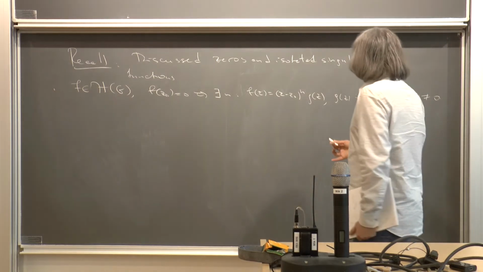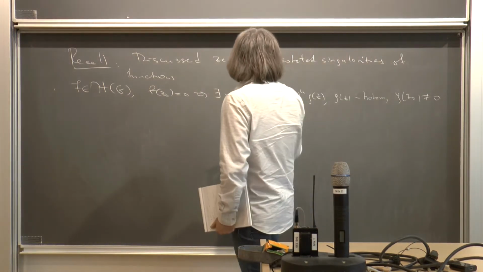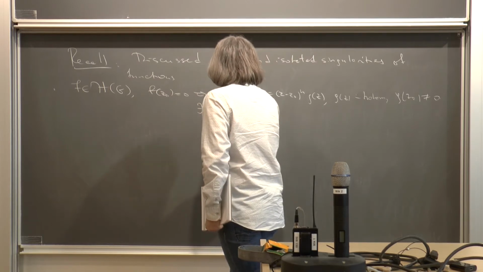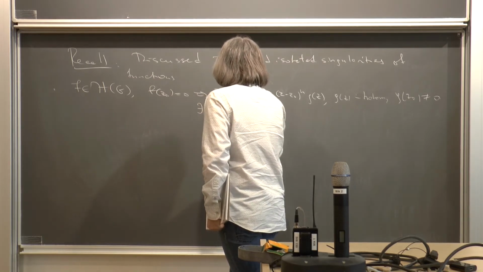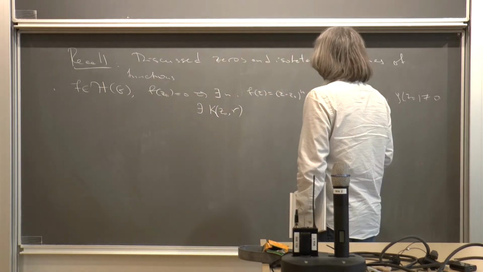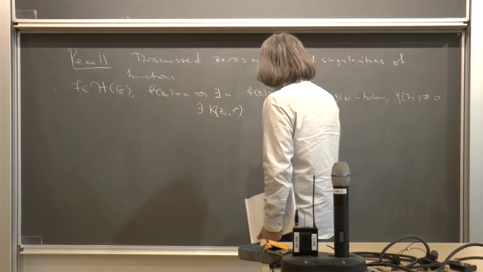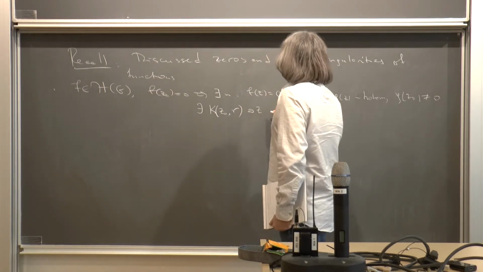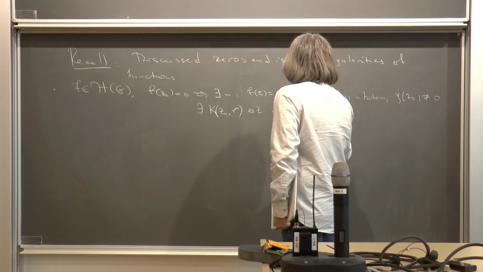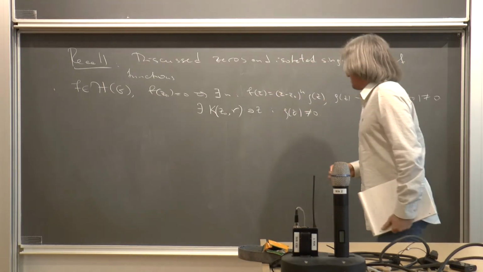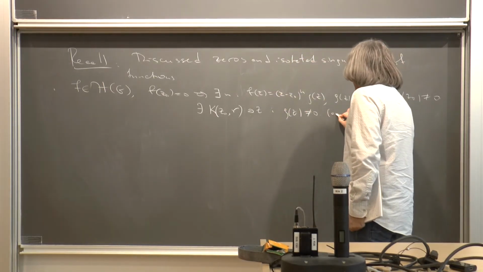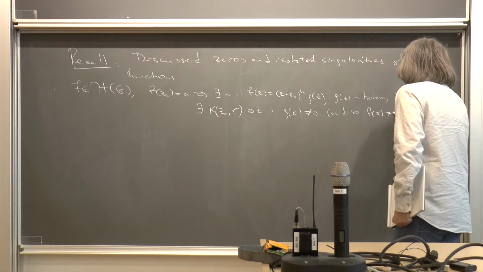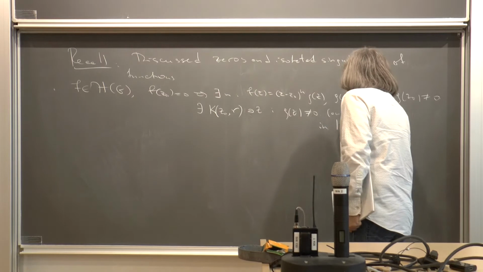And moreover, there exists a disk around this point of some radius where, for every point z there, g of z is not 0, and so f of z is not 0 in the punctured disk.